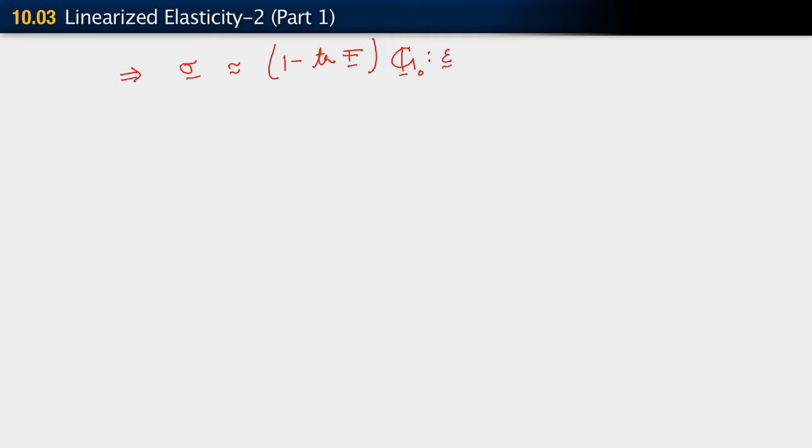Okay? Once again, if we want to maintain just linear terms, so to first order, this too reduces to just C naught contracted with epsilon.